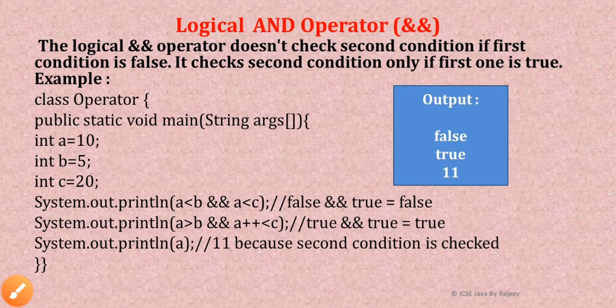So we will talk about logical AND. The logical AND operator doesn't check the second condition if the first condition is false. It checks the second condition only if the first is true.